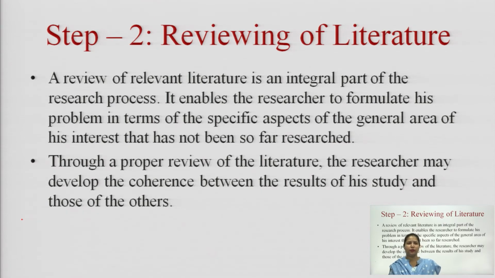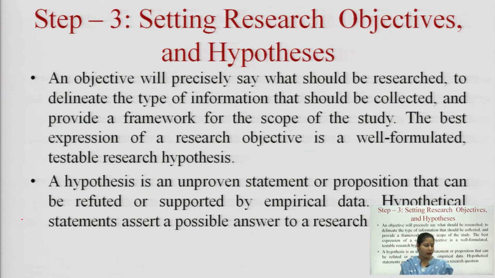Through proper review of the literature, the researcher may help the coherence between the result of his study and the others. So you can find the similarity, or you can find the difference from what others have done. You may do the research to prove some theory, or you can also do the research to disprove certain theories. So this step is the review of the literature.